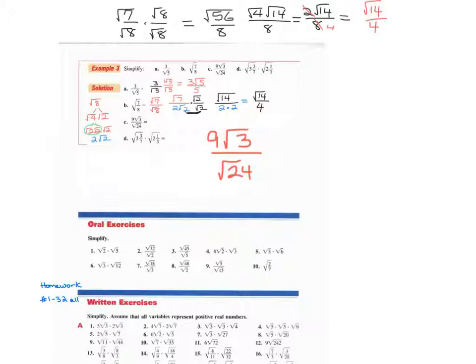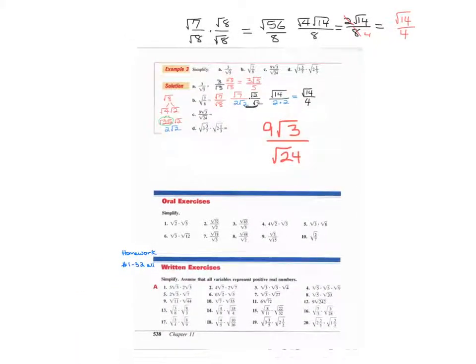Now, I'm going to do it a little differently than what the book did. Let me do it the book way first, and then I'm going to also show you that you could simplify what's under radicals. So what they did was they broke down the 24 first. So let's go ahead and do the factor tree over here.